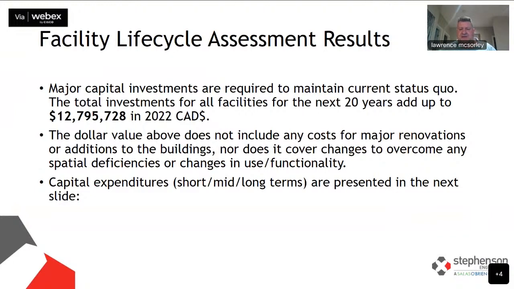So it's really just keeping the building status quo, keeping it running, replacing things as they need to be, giving it a fresh coat of paint and new carpeting, things like that over time. We broke it down to short, mid, and long term. And the next slide will go into a little more detail on that.